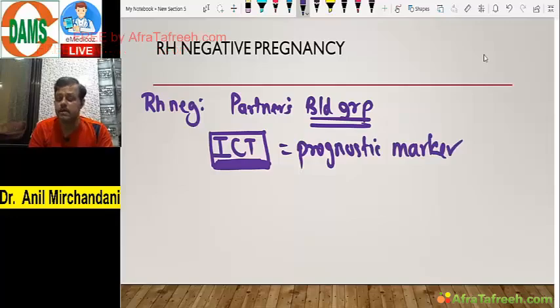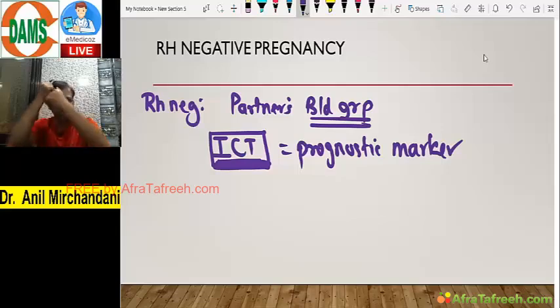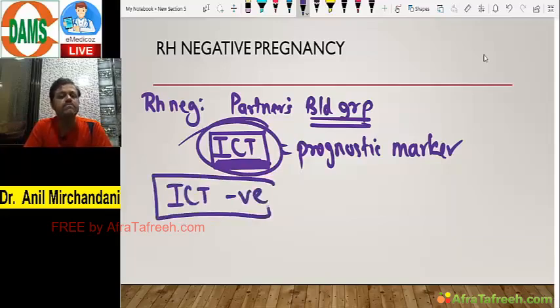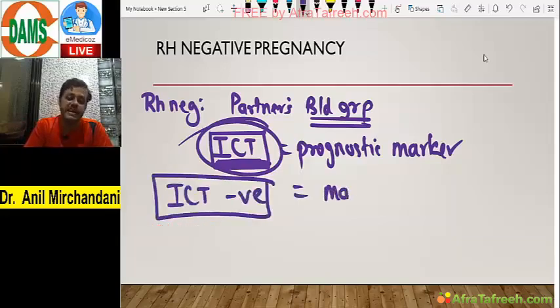In your Indian exams, if the partner is negative, the answer would be do nothing else. But if the partner's blood group is not mentioned, or if they have written partner's blood group positive, then you should do the indirect Coombs test. If the indirect Coombs test is negative, your role is to maintain it negative.